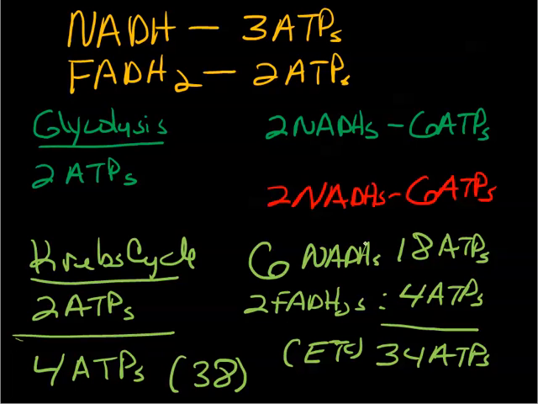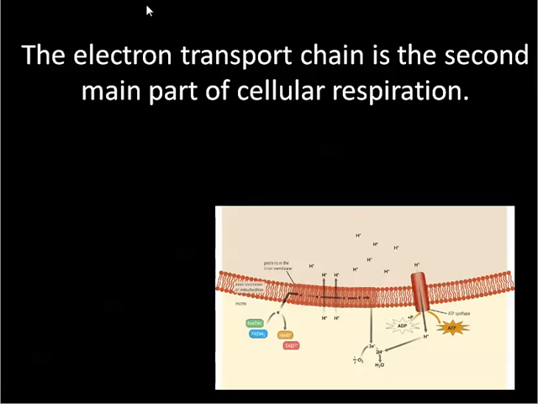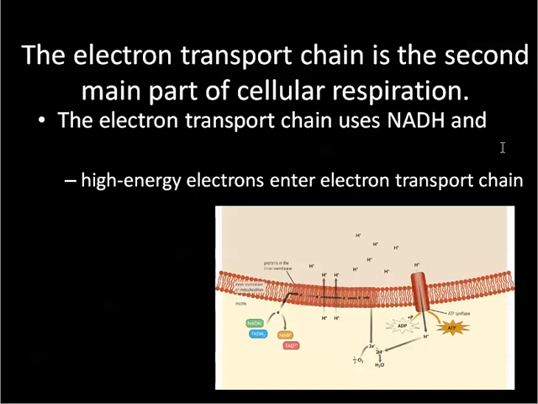Now let's just look at it using the PowerPoint. Okay, it's the second main part of cellular respiration. Krebs cycle is the first. And this is where NADH and FADH2, which is not showing up here, are used.